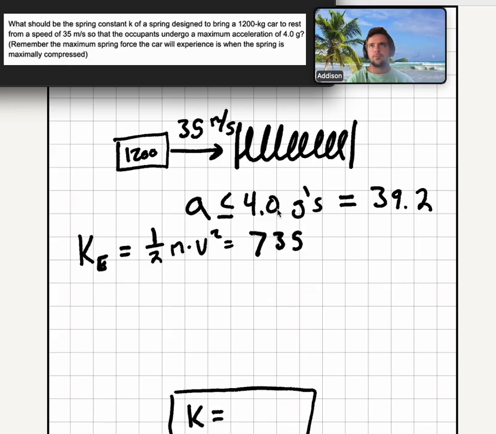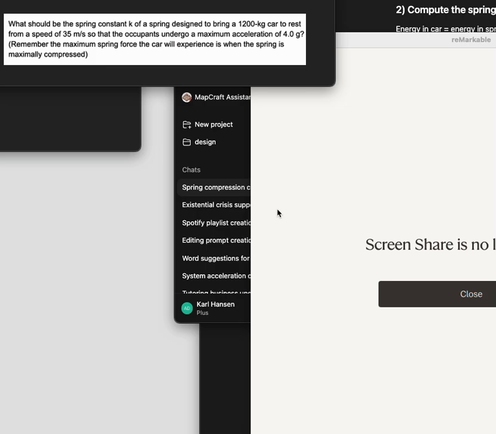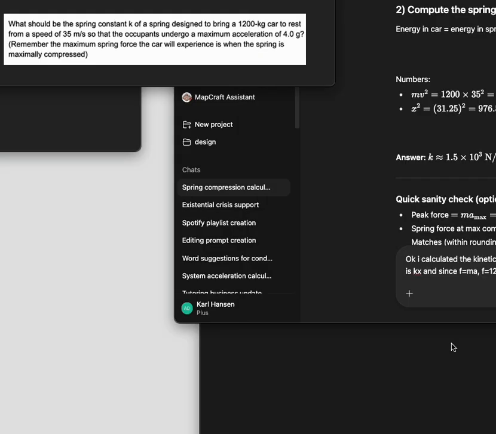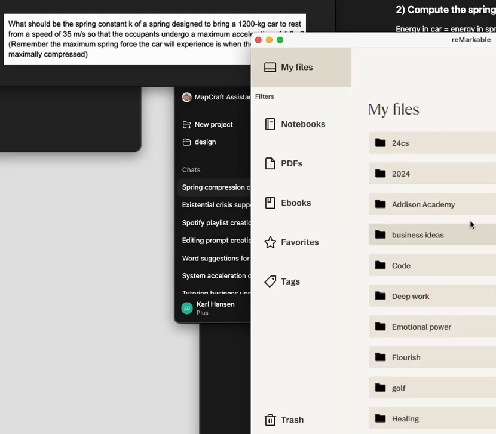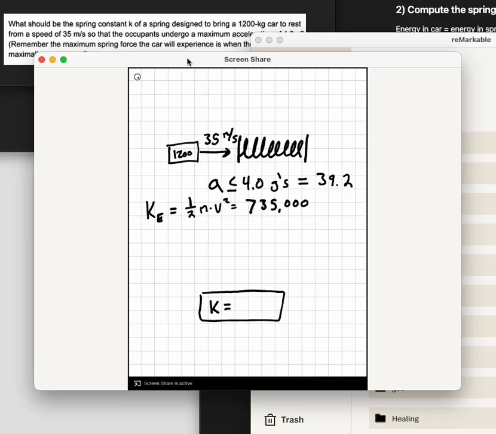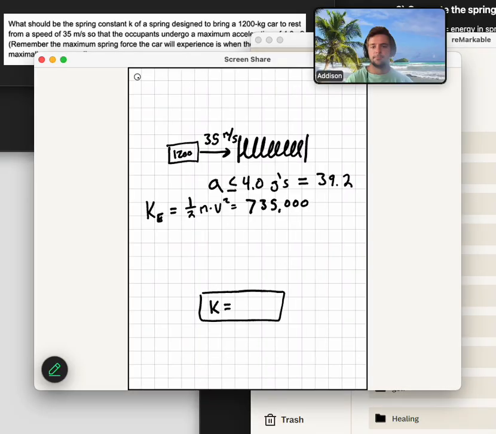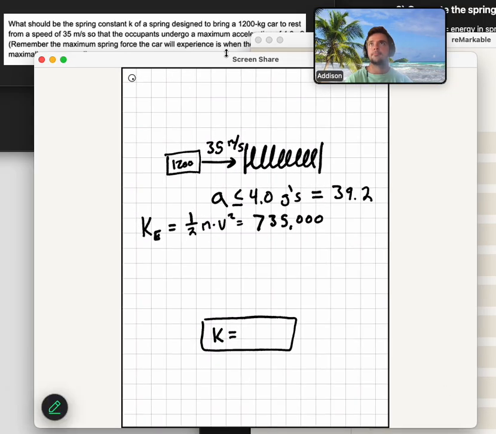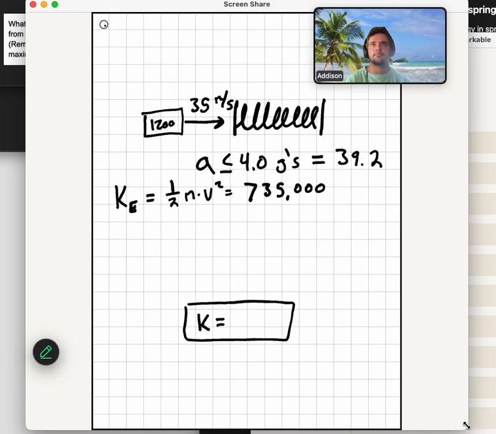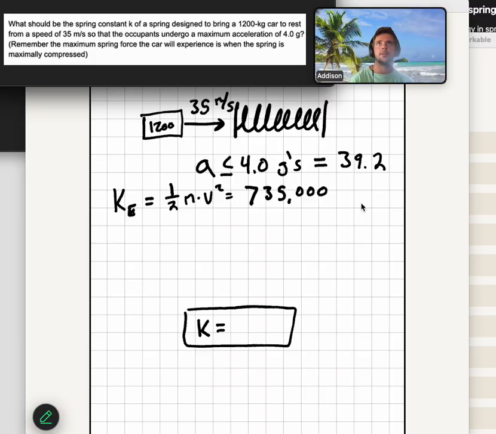Okay, now we know that when the car reaches its most compressed state, when the car compresses the spring all the way, it will have no kinetic energy left, and it will only have potential energy.